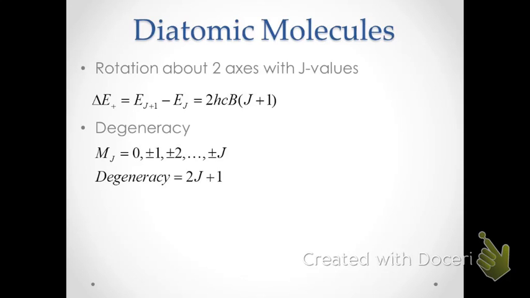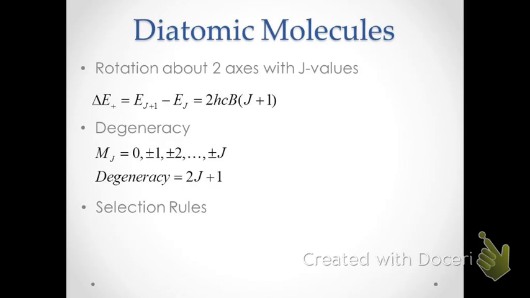In these particular circumstances, M sub J takes on values 0, plus or minus 1, plus or minus 2, up to a maximum of plus or minus J. For any given J level, there is a degeneracy of 2J plus 1. That means there are 2J plus 1 states that have the same energy. This is actually fairly important when talking about the spectroscopy of these molecules.